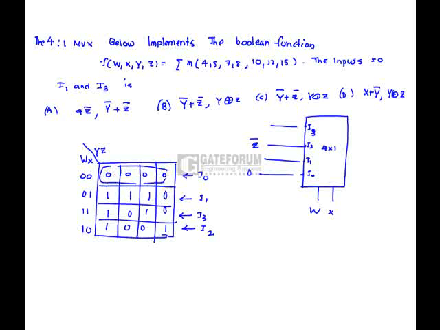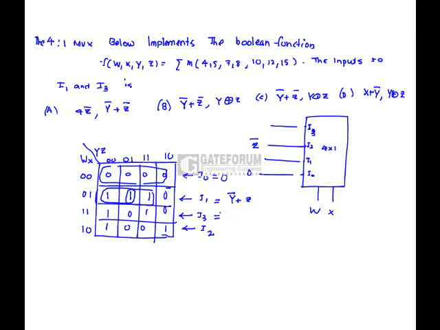Here I0 equals 0, so it is already given in the question itself. So we have to find out I1. I1 is 00, 01, 11, 10. Look at this particular row. If you combine these two things and these two things, you will get I1 as y bar plus z.